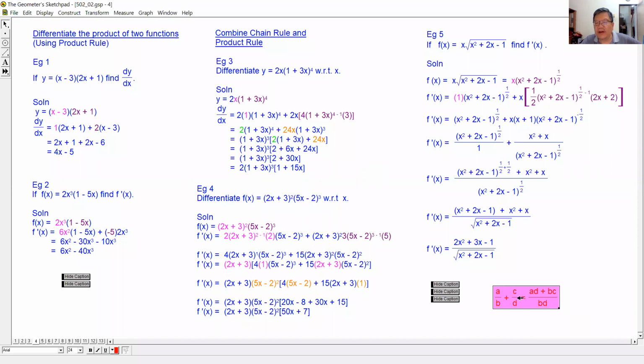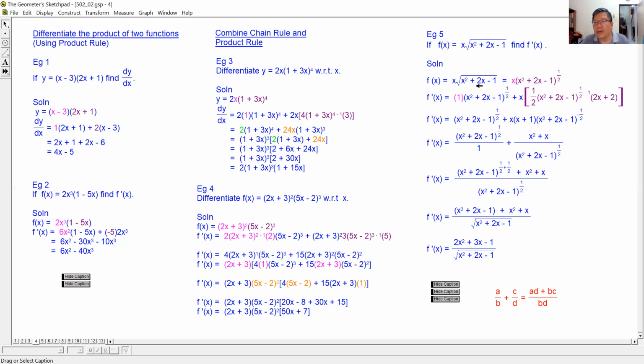Let me revise what we have learned in the last lesson. Now, in the last lesson, when you differentiate the square root, let us look at this square root here. It is a product: one function is x, another function is the square root.